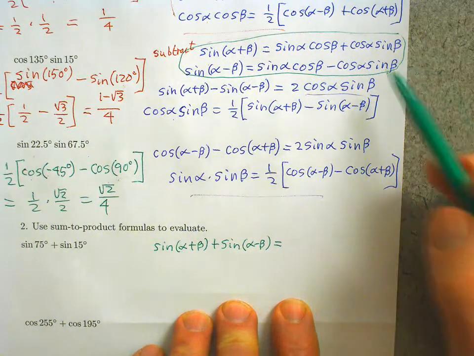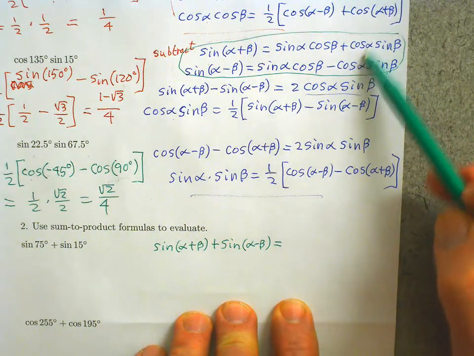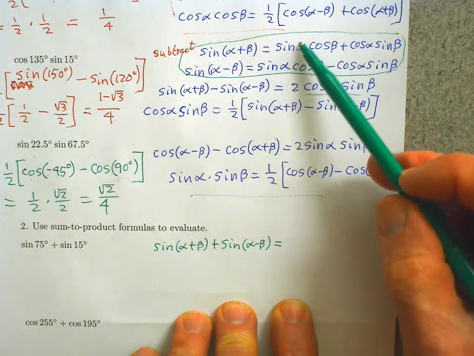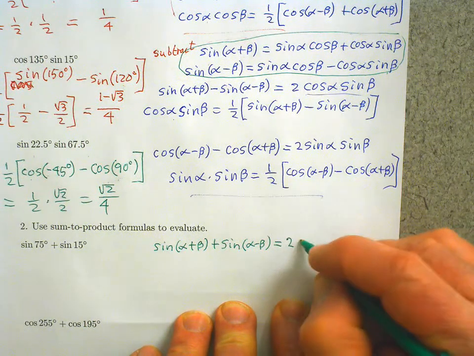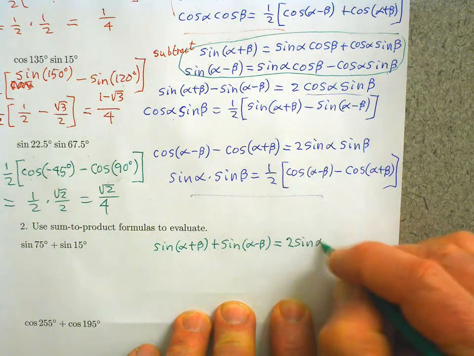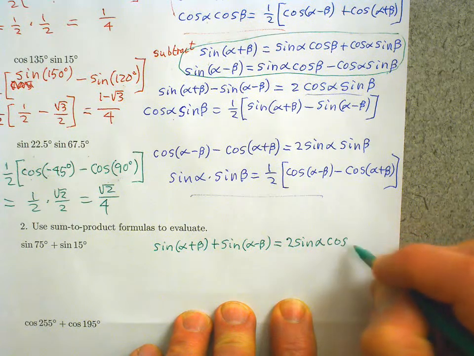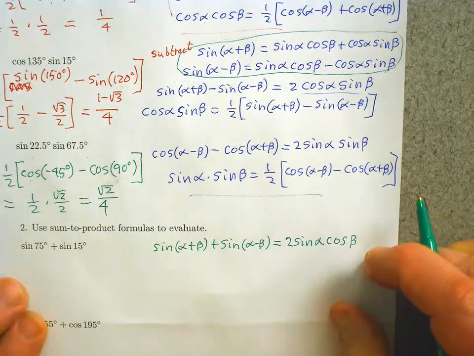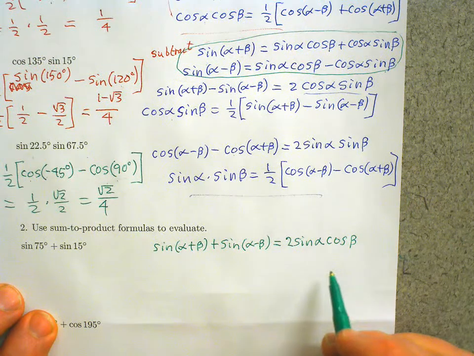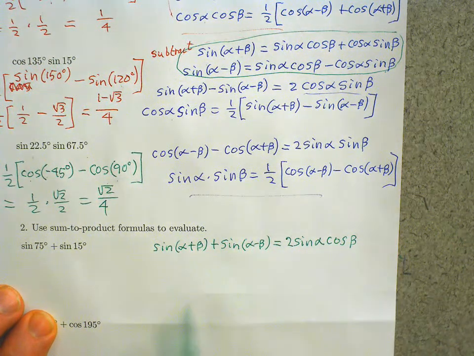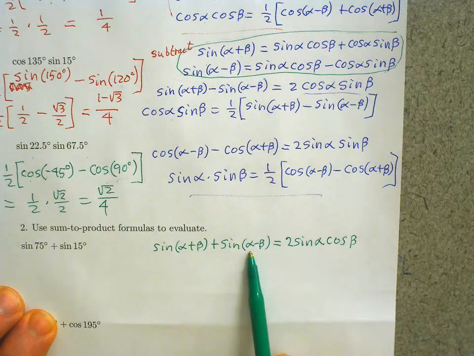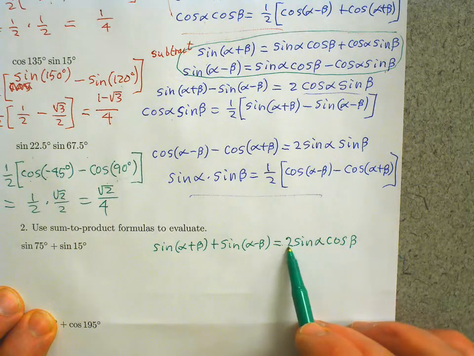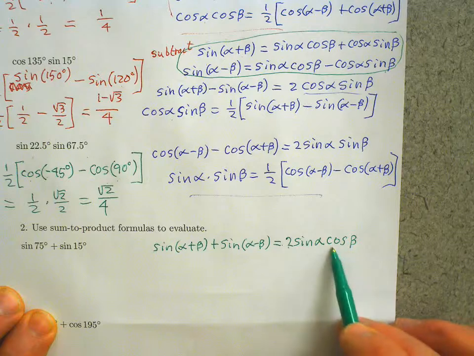And on the right-hand side, these will add up to 0. I'll just get 2 times sine of alpha times cosine of beta. Okay, so that's our formula. Sine of alpha plus beta plus sine of alpha minus beta equals 2 times sine of alpha times cosine of beta.